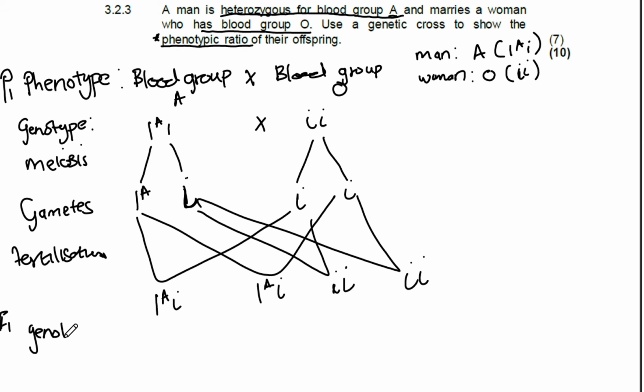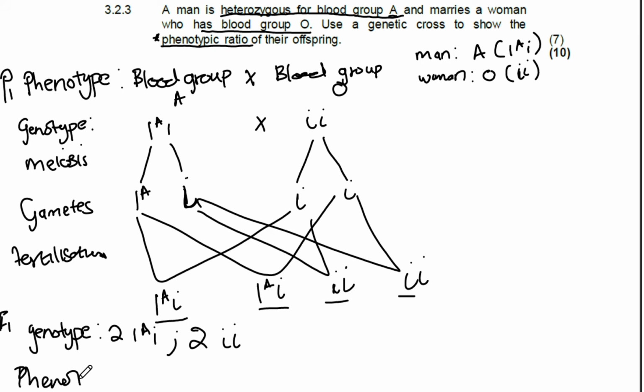We then need the offspring's genotype for the blood group. So remember, the same blood groups need to be grouped together when you are writing the genotype. So what are we having here? IAi, IAi. These two are the same. So you're having two heterozygous blood group A and two blood group O. That's the genotype.